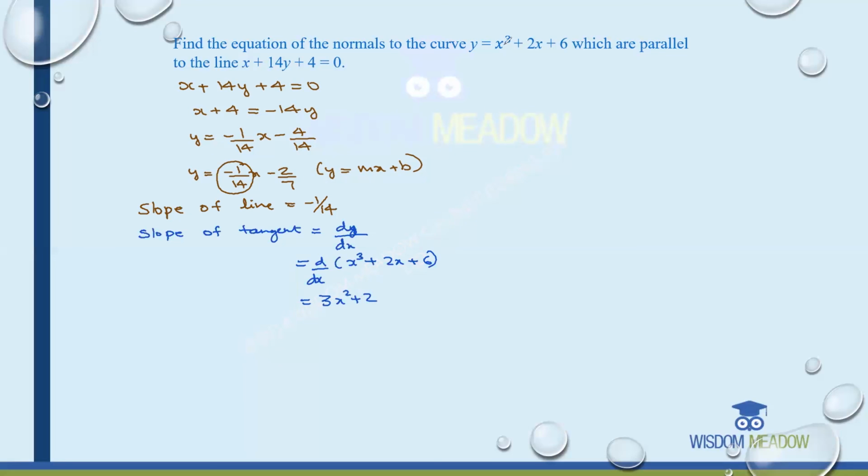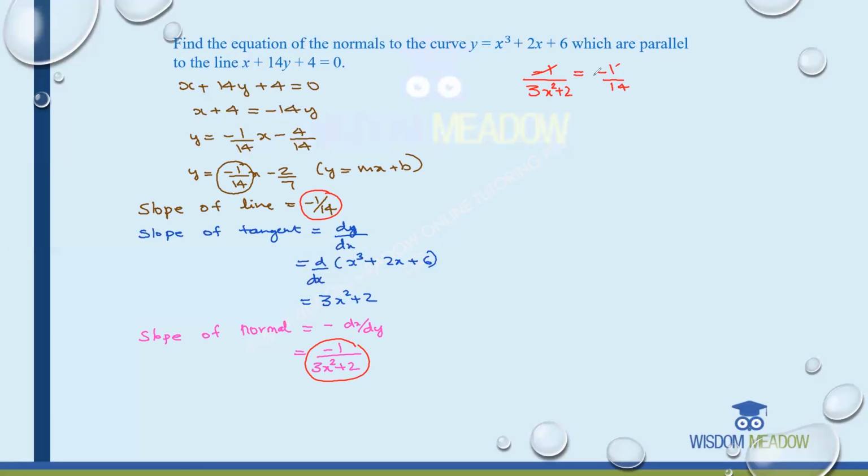Now, since the normal is perpendicular to the tangent, the slope of normal will be the negative reciprocal of the tangent, minus dx by dy, which is negative 1 by 3x square plus 2. Now, over here, the normal slope is equal to the slope of the line, which is minus 1 by 14.